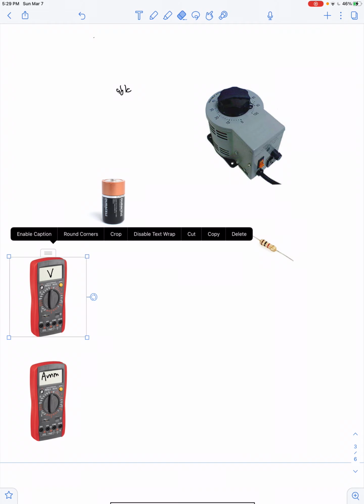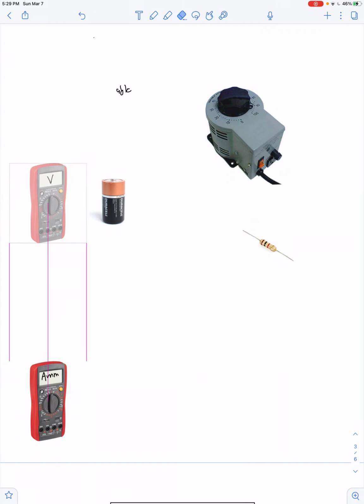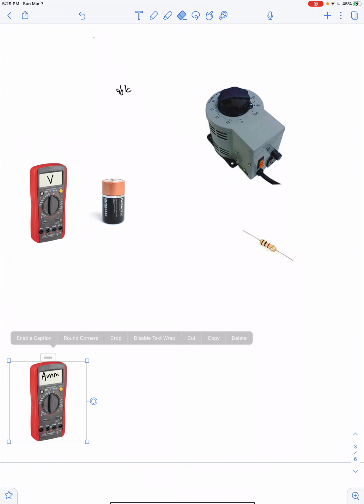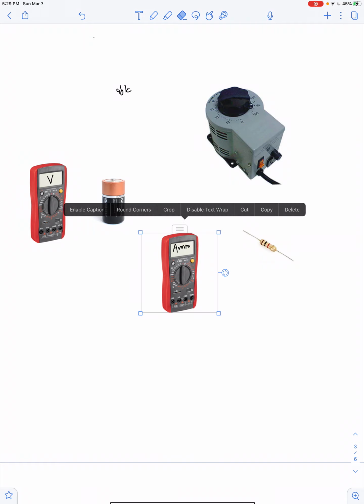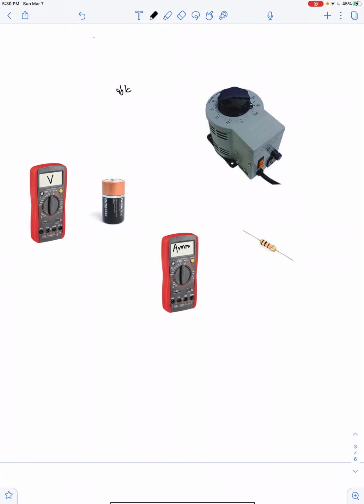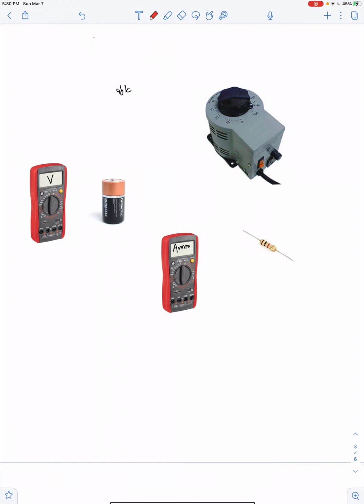So let's see, we'll put the voltmeter over here so we can use it to measure the voltage across the terminals of the battery. We'll put the ammeter in line. So we'll just take a wire from the positive terminal of the battery and go into our variable resistor.